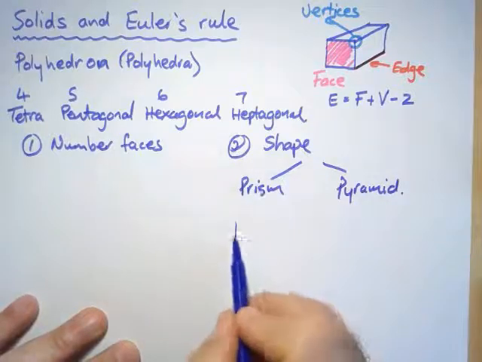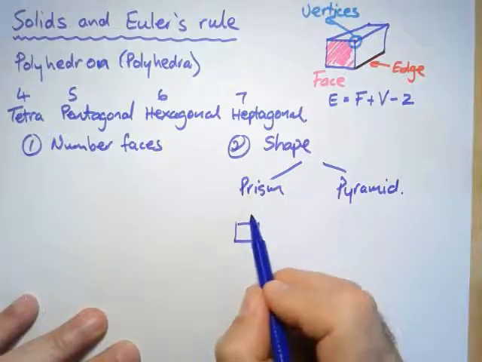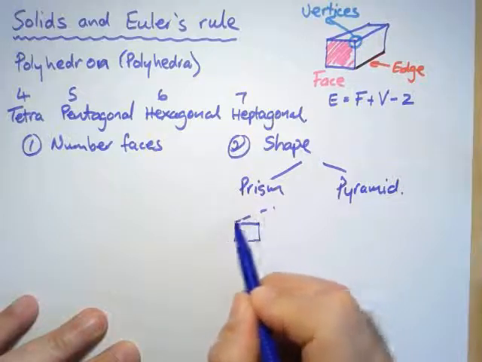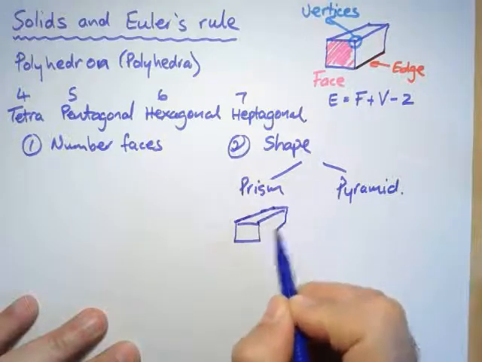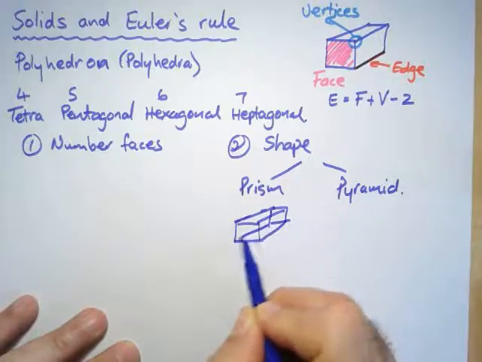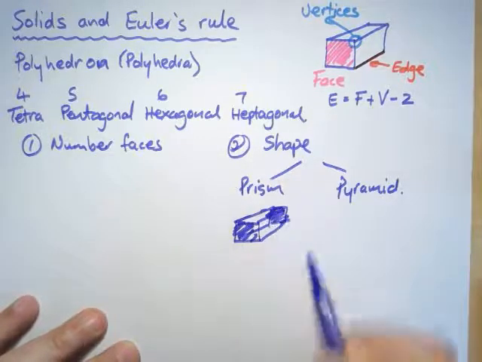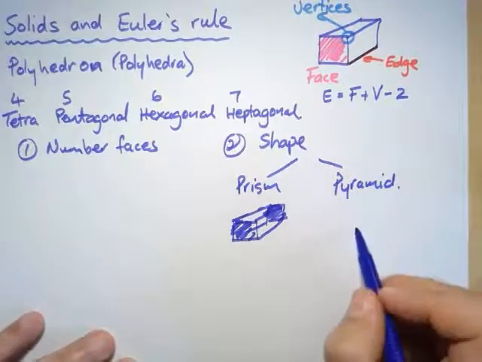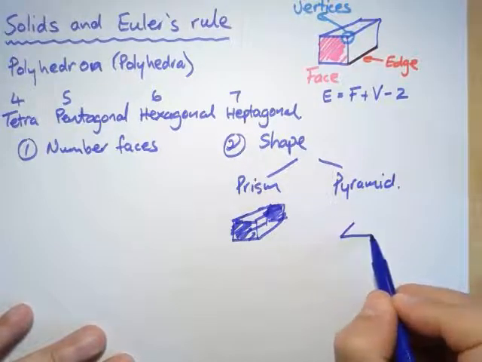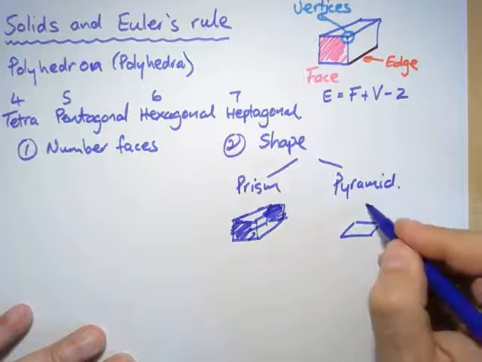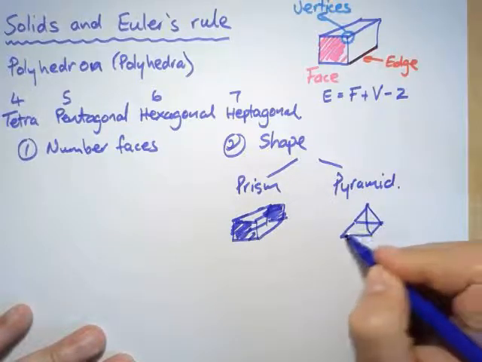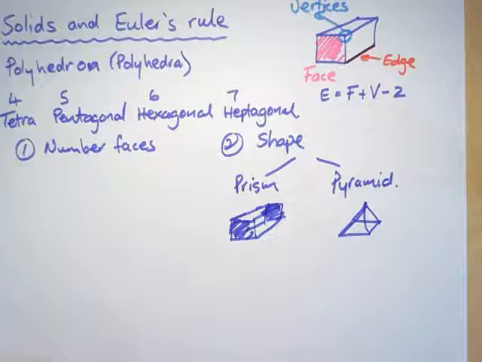So with a prism, we have the same shape on both sides. So we've got a square or a rectangle this side, square or rectangle that side. With a pyramid, we have a base of any shape, and then all the sides come together at one point.